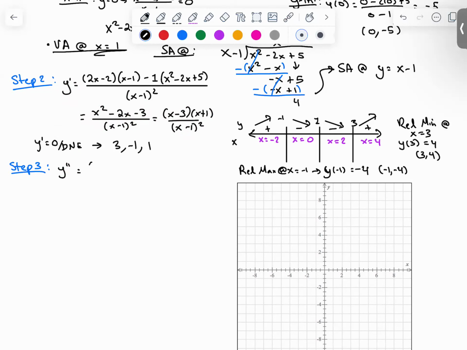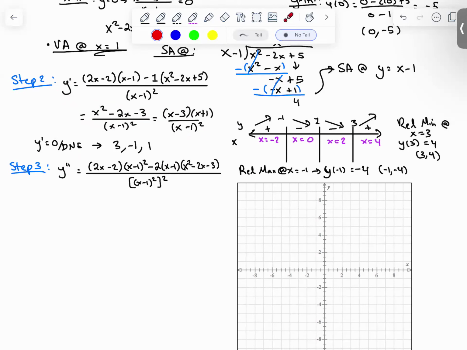So f prime: 2x minus 2 times g, which is x minus 1 squared, minus g prime, 2 times x minus 1 to the first power, technically times 1 because that's the derivative of the inside, but we're running out of space, times f, x squared minus 2x minus 3, all divided by x minus 1 quantity squared, quantity squared.